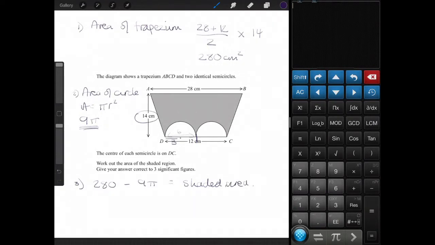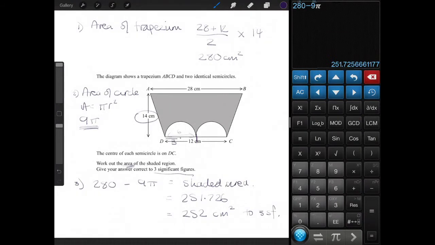So on my calculator, 280, oops, not divide, sorry, subtract 9 pi, and that gives me an answer of 251.726. But the question says to three significant figures, which in this case is going to be to a whole number. So the answer is going to be 252 centimeters squared, because remember, we're looking for an area. So it's going to be 252 centimeters squared to three significant figures.